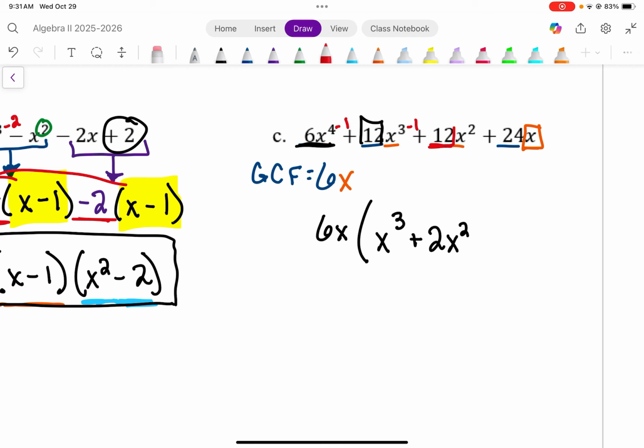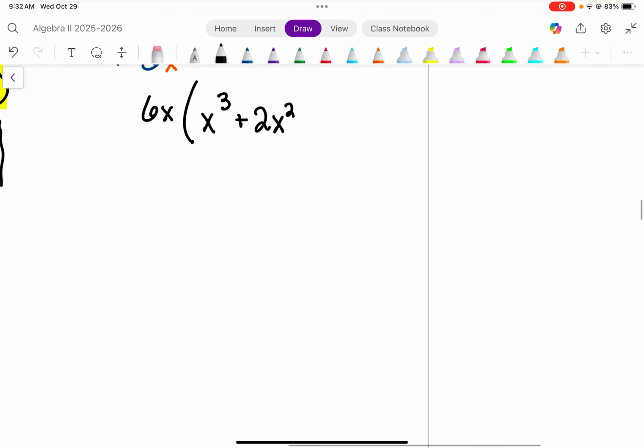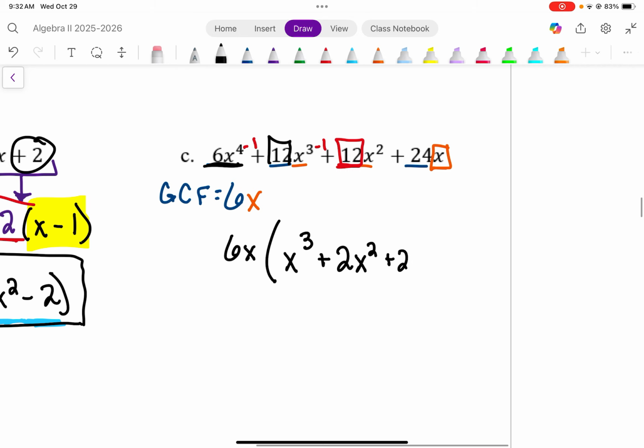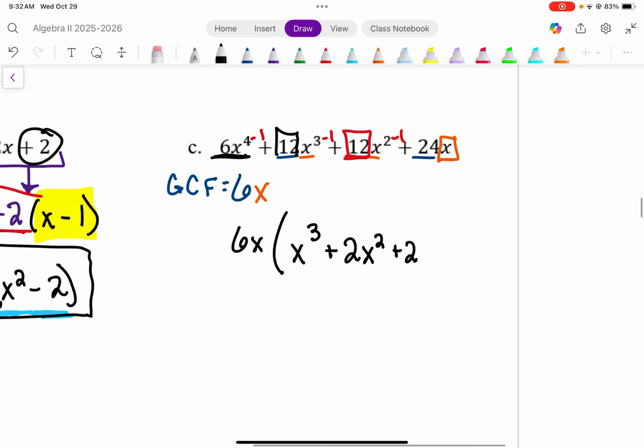And then I factored out, again, a 6 from the 12. That'll leave me with a 2. And I took away one of these x's that we're multiplying. That leaves with 1x. And then if I factor out a 6 from 24, that would give me 4. And I took away that x on the last one. So this would be my factored answer after I take out my GCF.